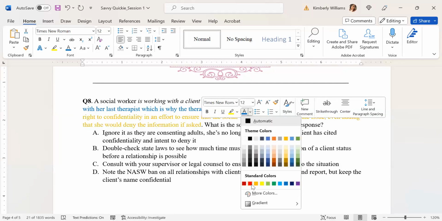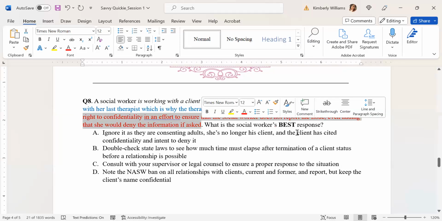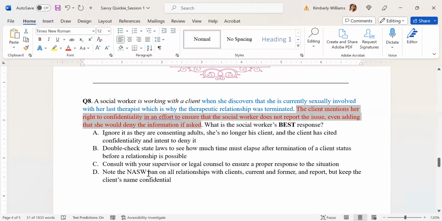So in this situation, what is going to be the social worker's best response? Best means most beneficial. Should she ignore it as they are consenting adults, since she's no longer his client, and the client cited her rights to confidentiality and her intent to deny it?